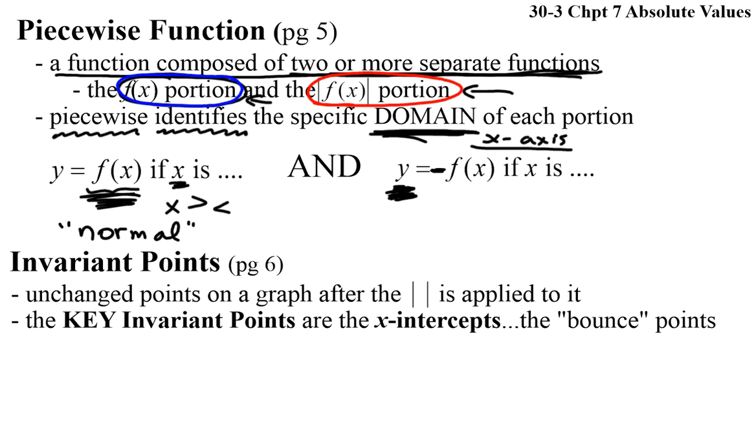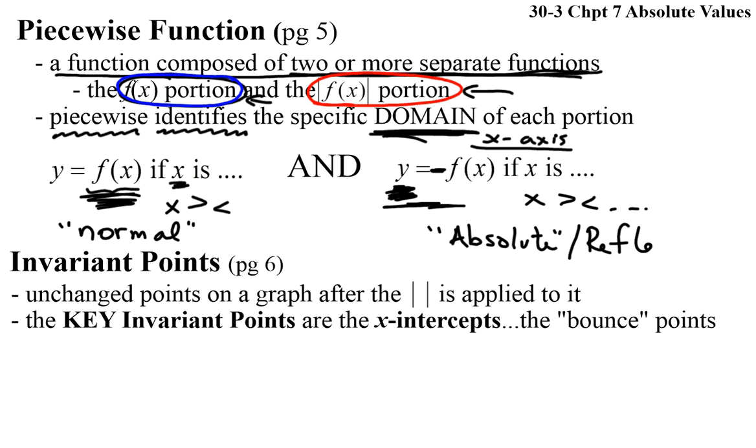Y becomes the absolute part of the graph if x is less than, greater than something. This identifies the absolute or reflected part of the graph that's new. So we need to see what part of the x-axis creates each particular portion.